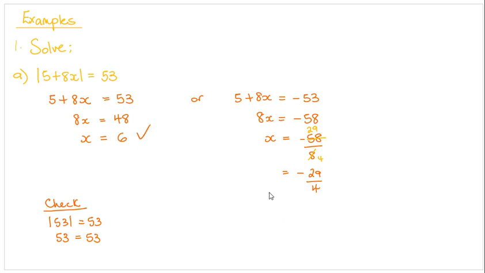We're going to check this one also. So we're going to take the negative 29 over 4 and plug it in for the x here. Let me write this one out. We're going to have the modulus of 5 plus 8 times negative 29 over 4 equals 53. 4 into 4, 1. 4 into 8, 2.